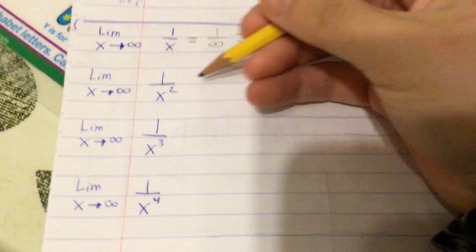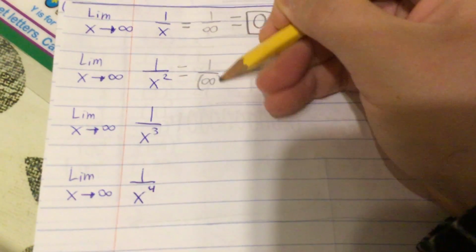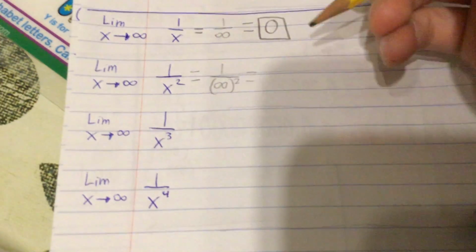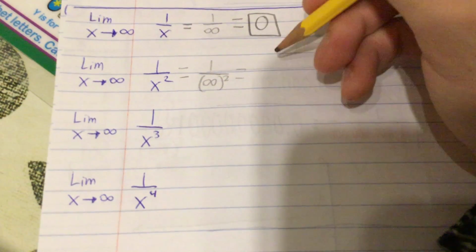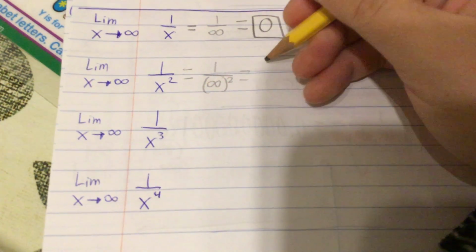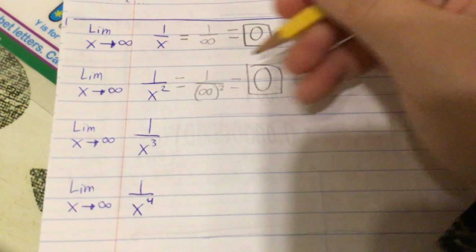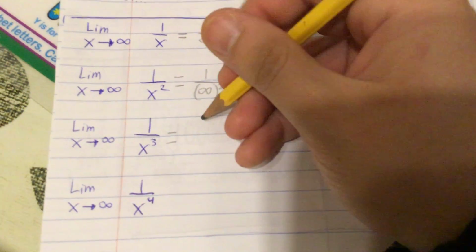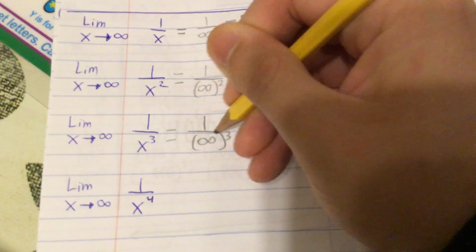The same thing over here. If I have 1 over infinity squared, I mean, come on. If we know that 1 over infinity is 0, and we say 1 over infinity squared, that's still 0, or ridiculously, ridiculously small. All right, and we've got 1 over infinity cubed, and so on and so forth.